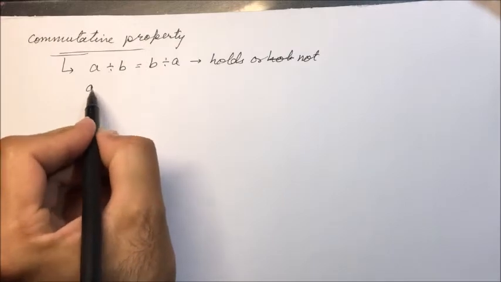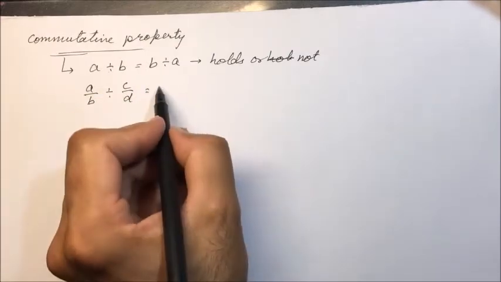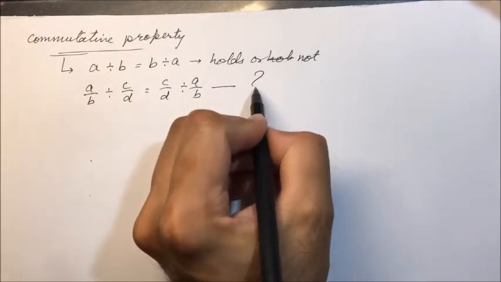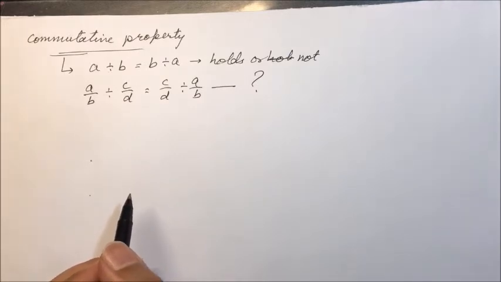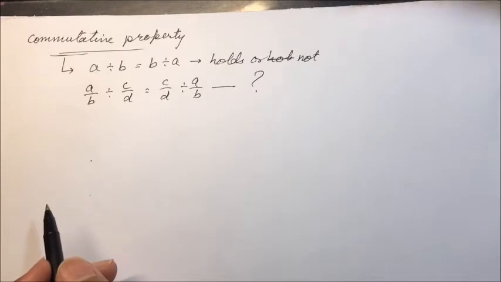Or in fractions we can take A by B divided by C by D equal to C by D divided by A by B. Is this true or not? So here I will be taking one question from the exercise and we will prove that.